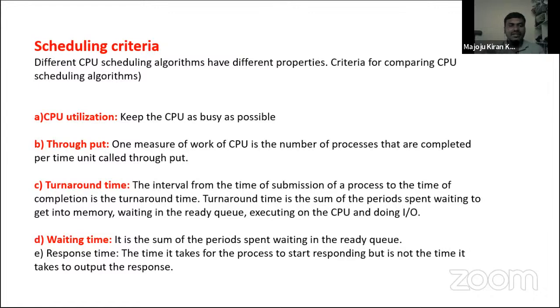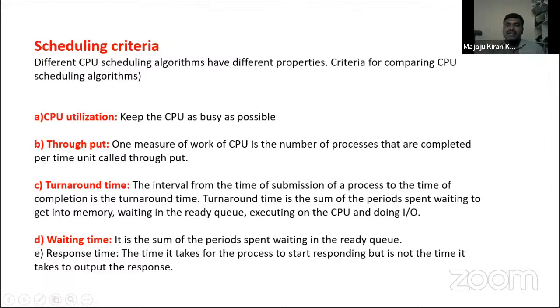If the turnaround time is small, the scheduling algorithm is more efficient. We'll see turnaround time, waiting time, and burst time in further classes, so don't worry. So turnaround time is the interval between the submission of the process and the completion of that particular process.